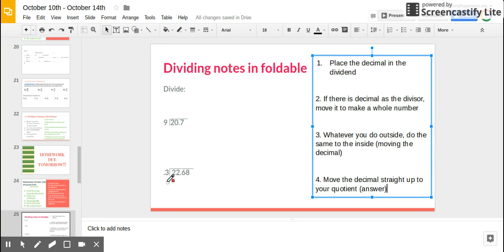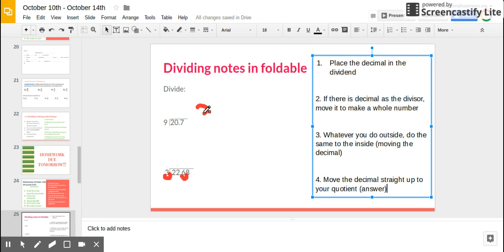Okay, 0.3. How many spaces would I have to move that to make it a whole number? Only one. If I move it directly right there, I now have 3. But since I moved it once to the right on the outside, I have to do the same to the inside, which is step 3. So instead of my decimal being between the 2 and the 6, it goes over one, between the 6 and the 8.